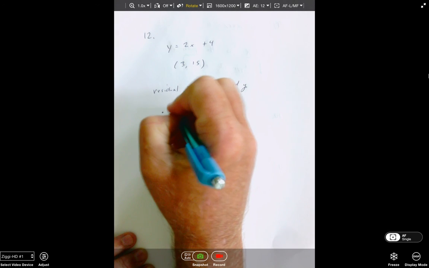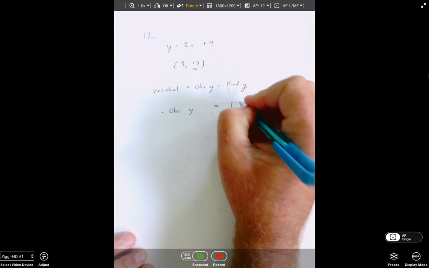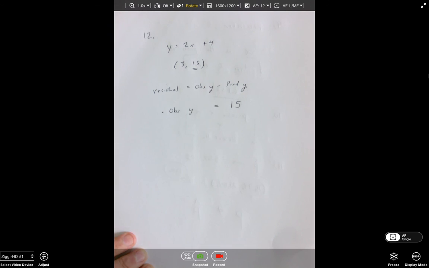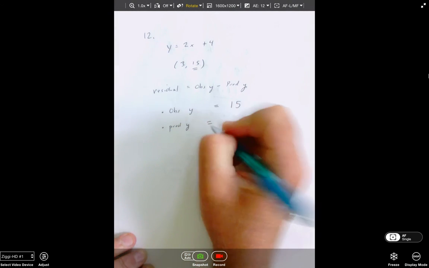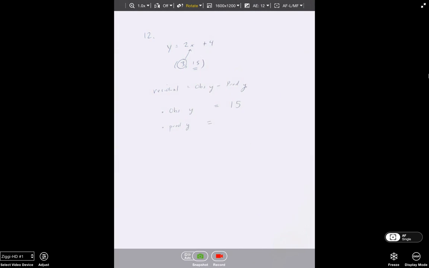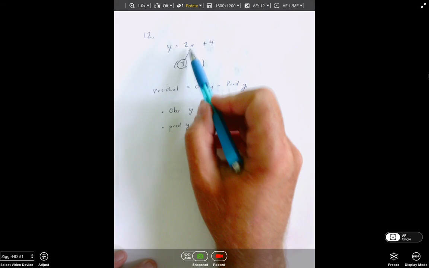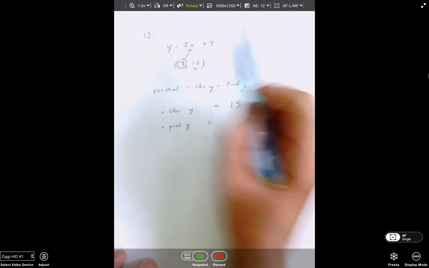So guys, your observed y is right there. It's 15. Your predicted y can be found by putting this x value into our model. And we can just do the mental arithmetic here. Put 3 in here. 3 times 2 is 6. 6 plus 4 is 10.